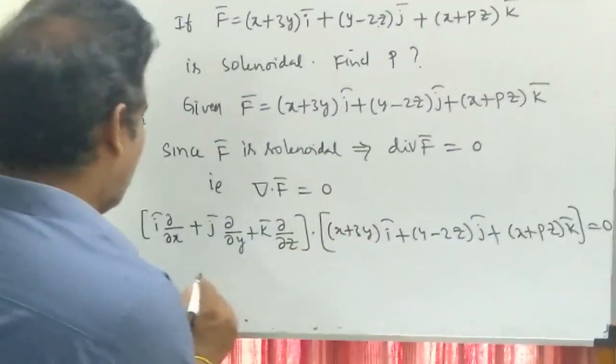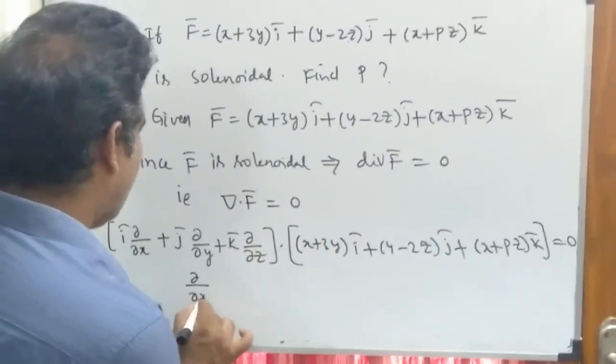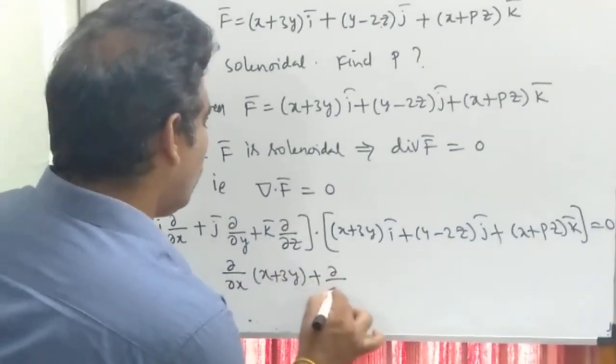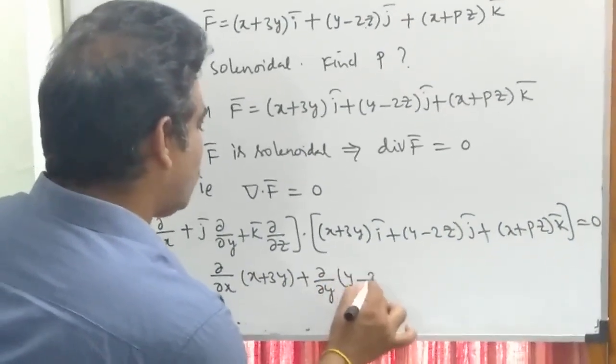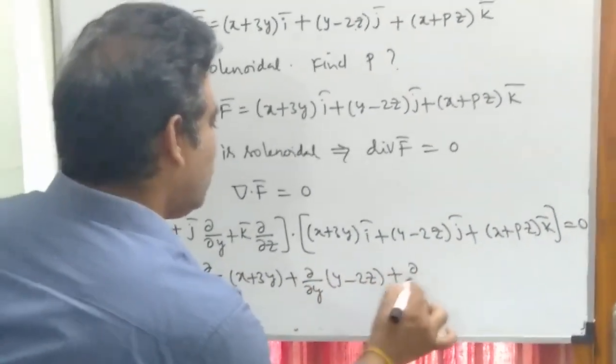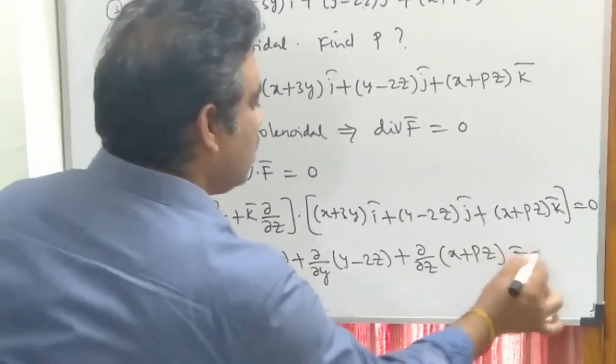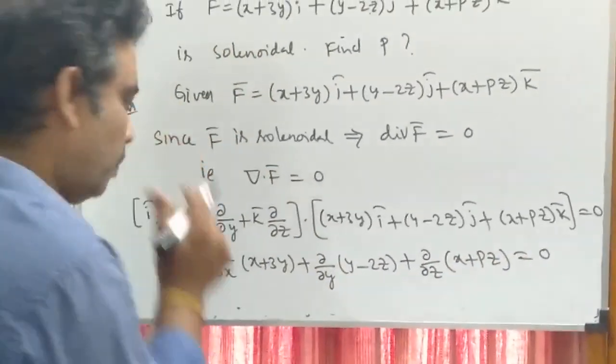So making the dot product, ∂/∂x of (x plus 3y) plus ∂/∂y of (y minus 2z) plus ∂/∂z of (x plus pz) is equal to 0.